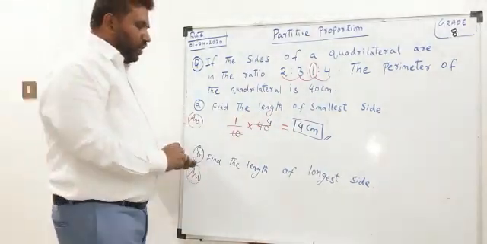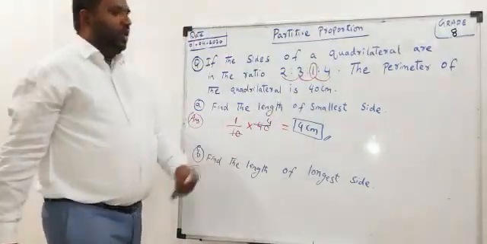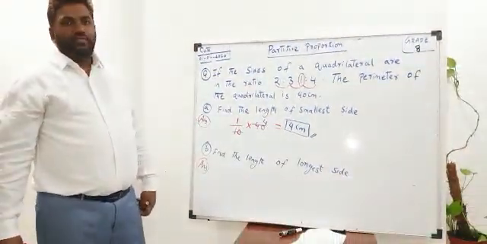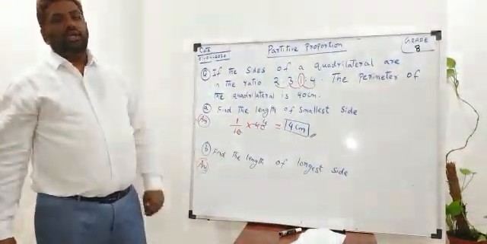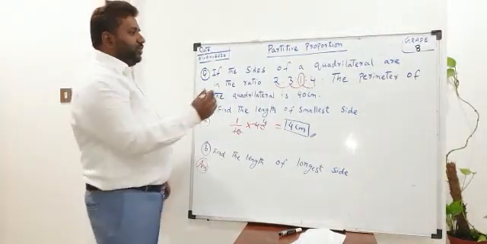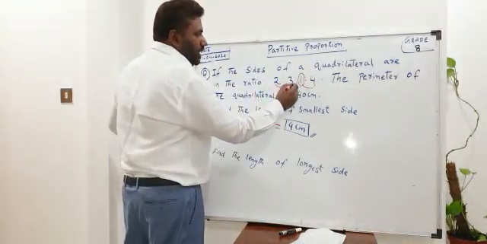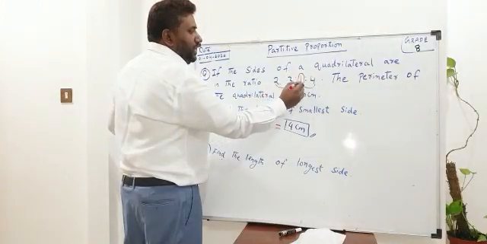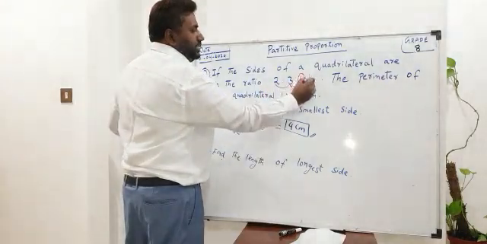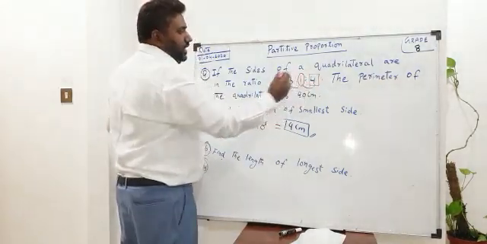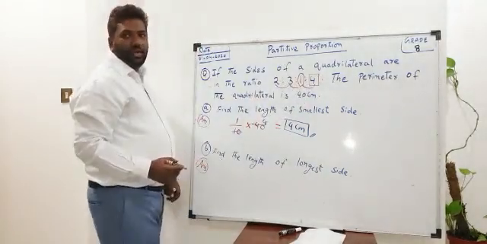Likewise, if I want to find the length of the longest side in the given quadrilateral, I have to go back and check my ratios to find the biggest ratio. So this is the biggest ratio. The biggest ratio will give me the longest side.